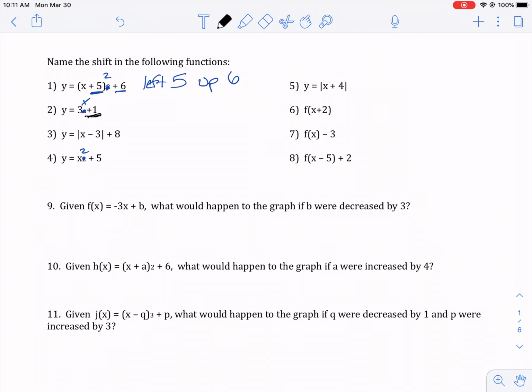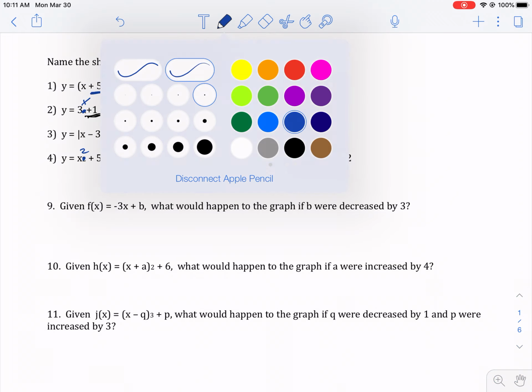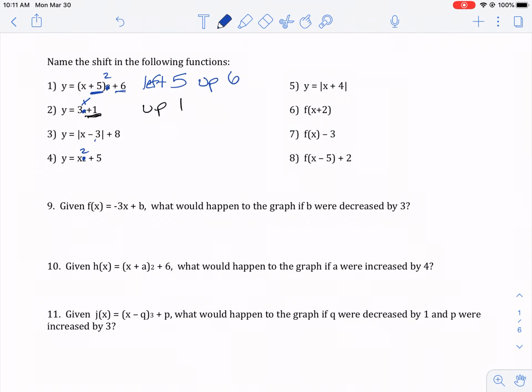This plus 1 is not touching the x, so that means we're going up 1. Number 3, the number grouped with the x is a minus 3, so when it comes out, it's a positive 3, so we're going right 3. And then the number outside is 8, so that's your vertical shift, up 8.